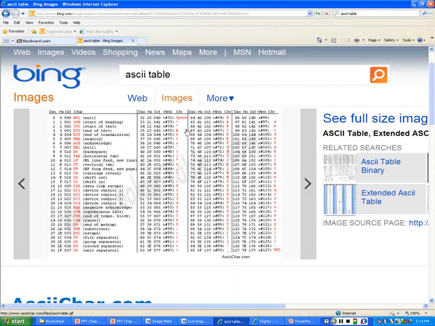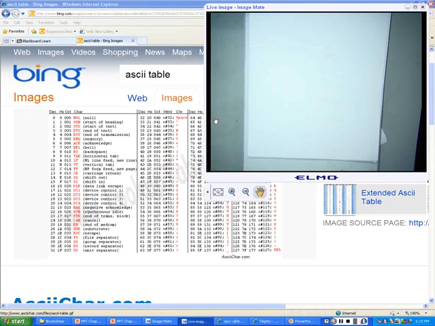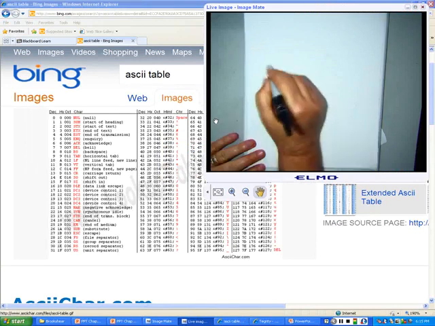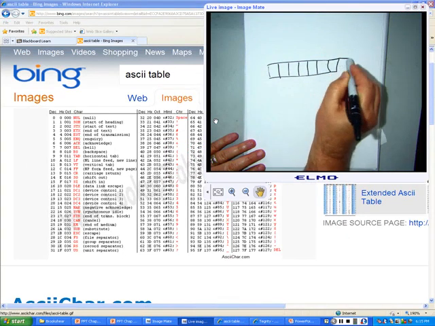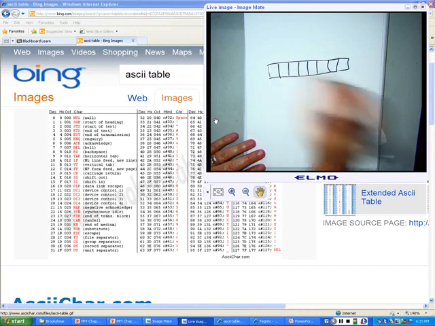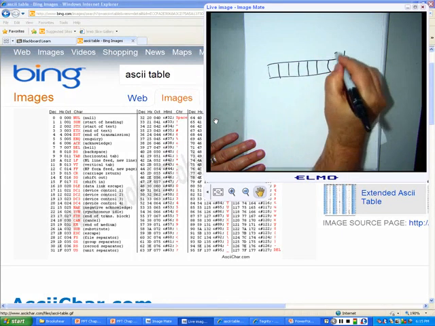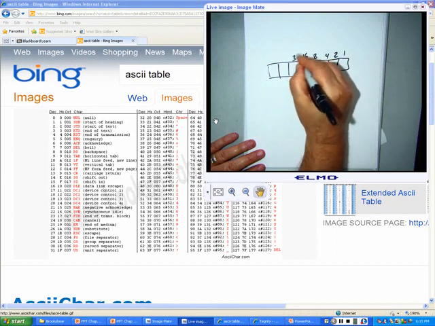And if you go to this column over here, you can see that we have 65 in decimal, which is 41 in hex, and that's going to map to capital A. So if I have 8 bits, remember this is 1, 2, 4, 8, 16, 32, 64, 128.